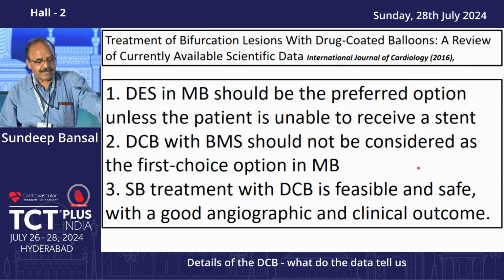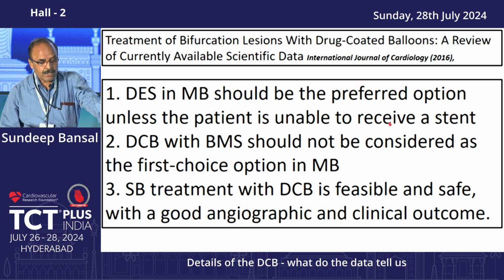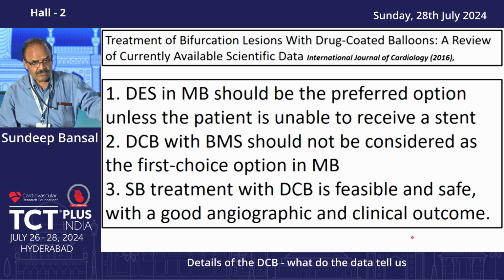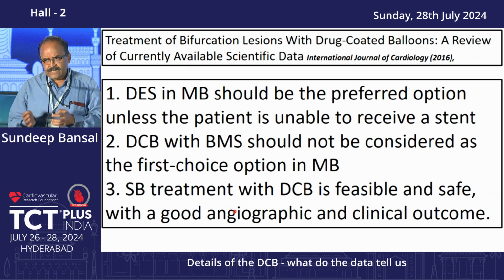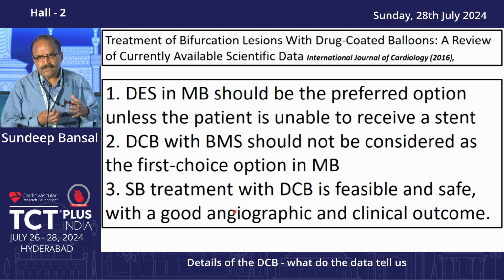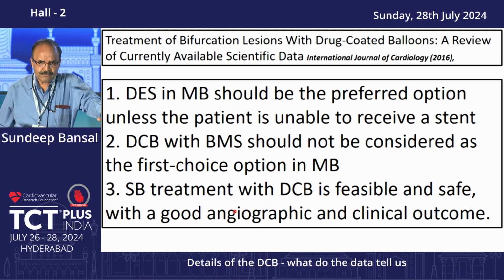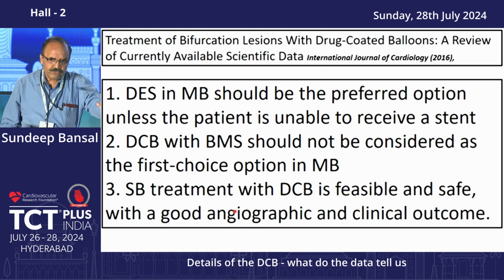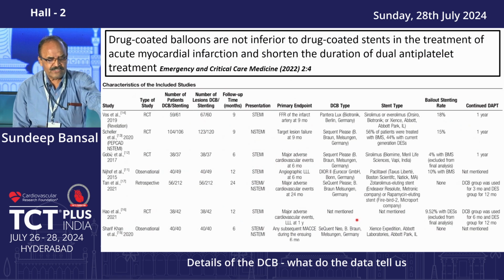So they said that drug-eluting stents in the main branch should be used, but for the side branch, we can use drug-coated balloons. It makes sense if the lesion is involving the ostium and is extending to less than 5 millimeters beyond the ostium in a side branch. It is a very good case for a drug-coated balloon. But for the main branch, you continue to implant stents.